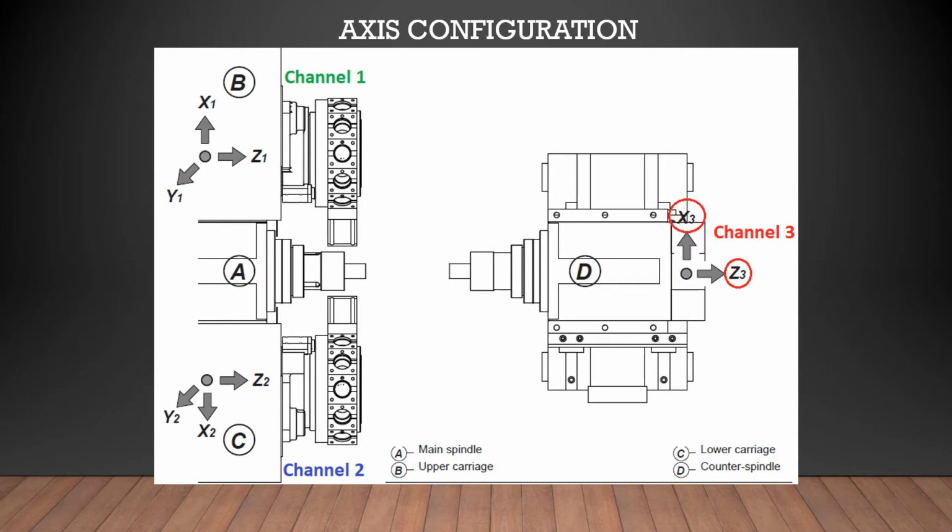So if you look at the axis on channel 1, starting on the upper left-hand corner here, we have X1, Y1, and Z1. Lower turret, the same, but we have X2, Y2, and Z2. And then the subspindle moves in an X-axis configured manner, and also we have the Z, which moves to and from the main spindle.